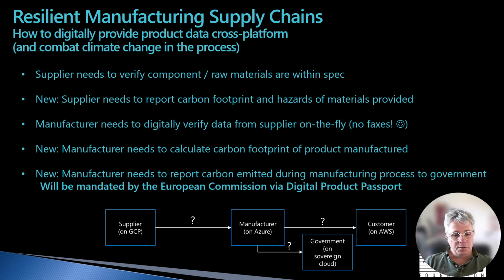And it's clear that we need to build a standard such that the exchange of data along those different cloud systems, enterprise cloud systems, let's call them, is as smooth as possible.